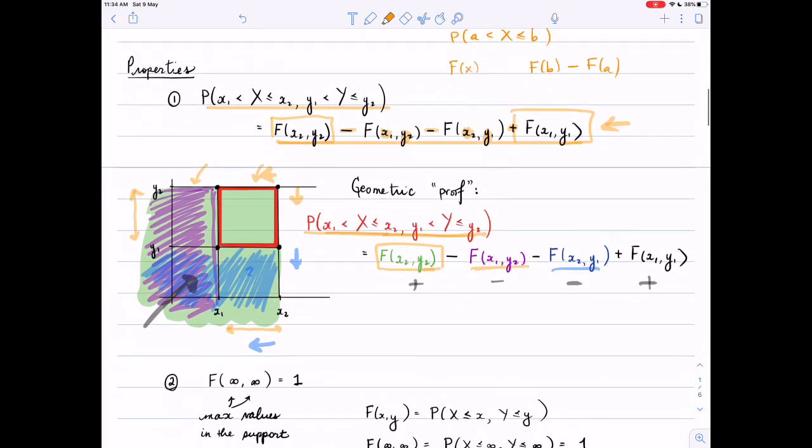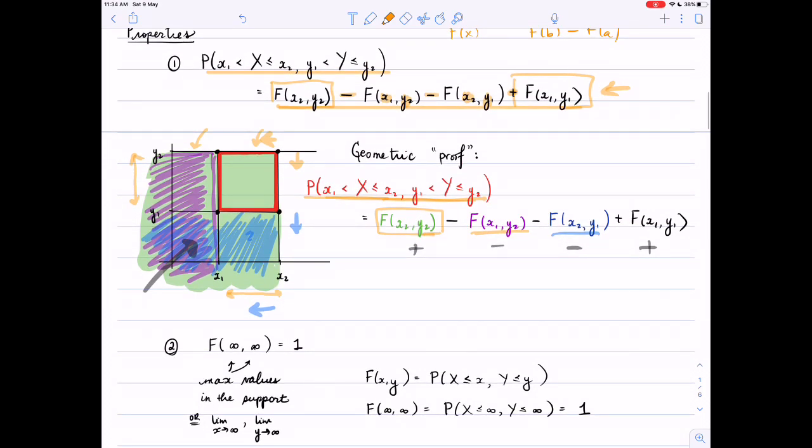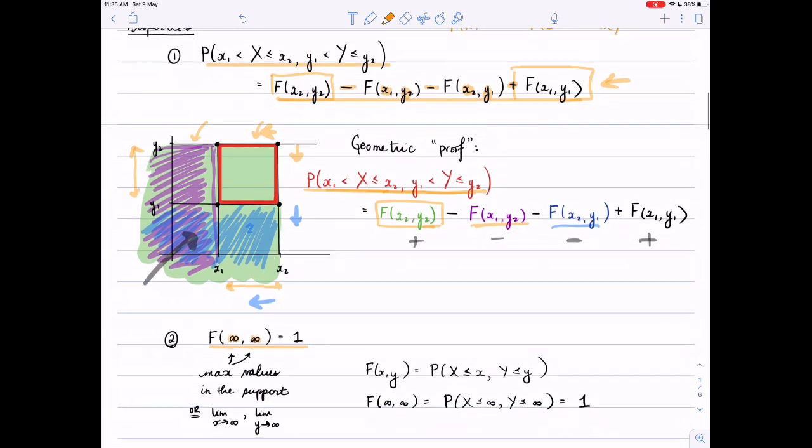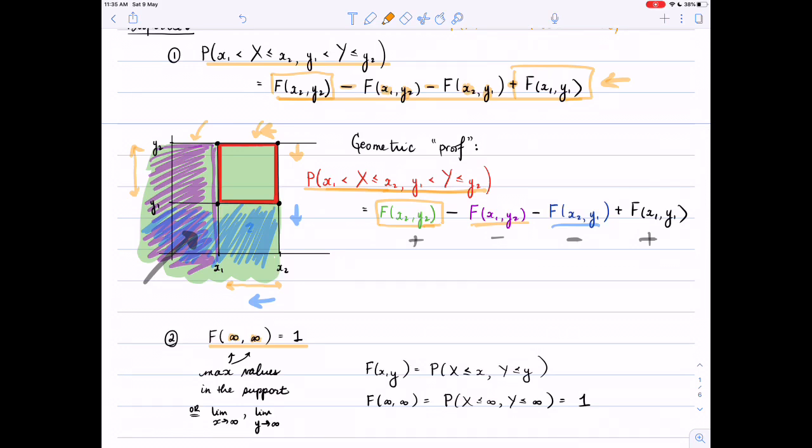Second property: the joint CDF, F of infinity, infinity, equals 1. Now that is a common notation, but please do not think that I am actually plugging in infinity. That is a shorthand for either the maximum values in the support, if those maximum values are finite, and if they are not finite, then we are talking about the limit.